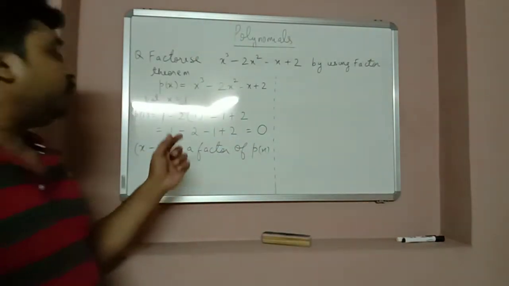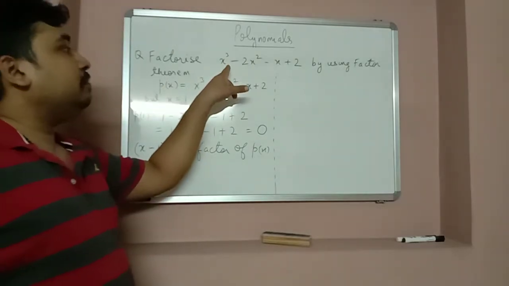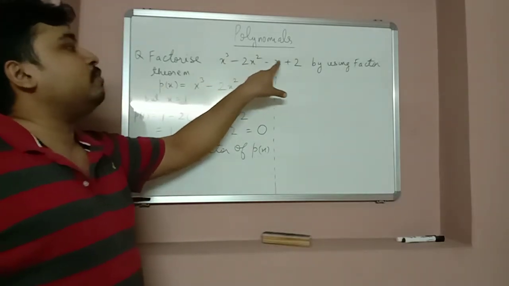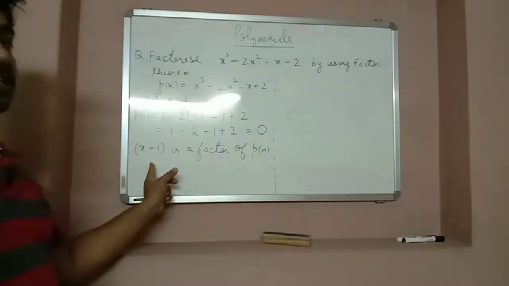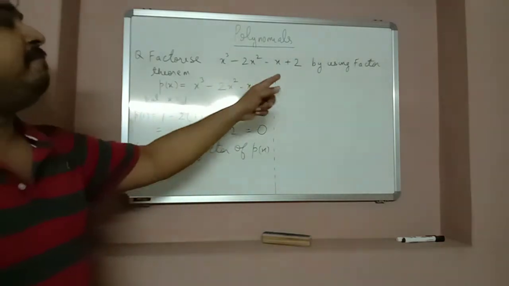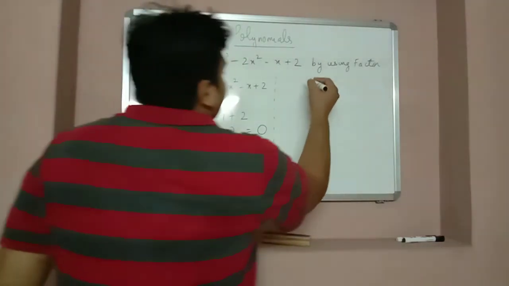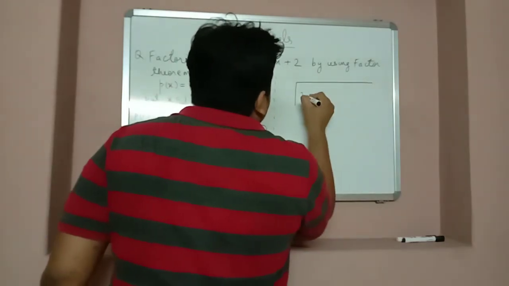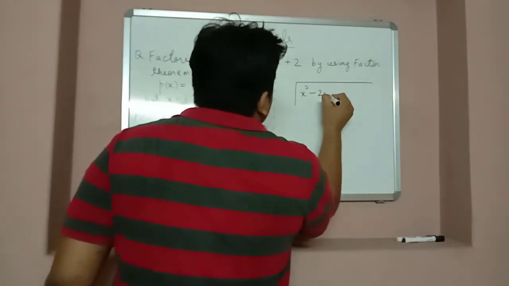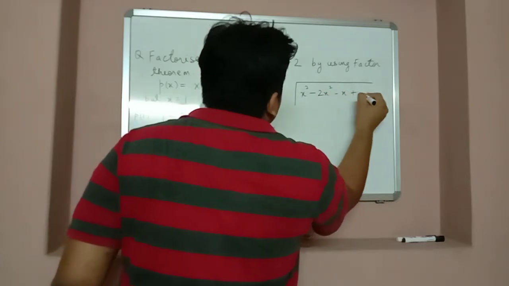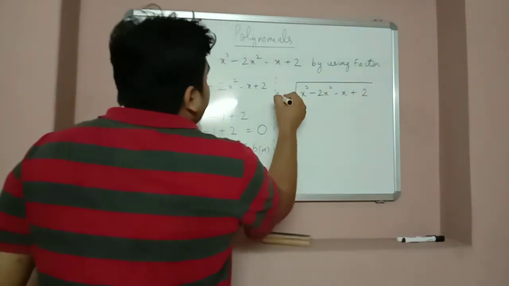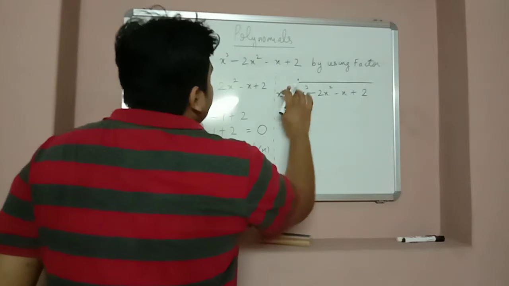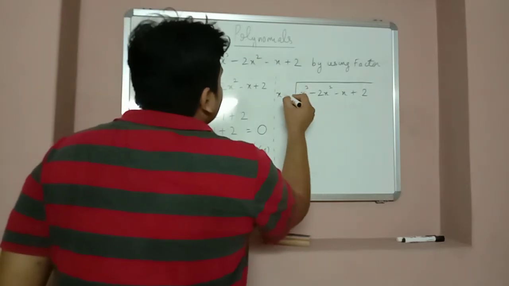Now we will do long division of x cube minus 2x square minus x plus 2 with x minus 1, since it is a factor, and find the quotient. So let us do long division. x cube minus 2x square minus x plus 2, and we will divide it by x minus 1.